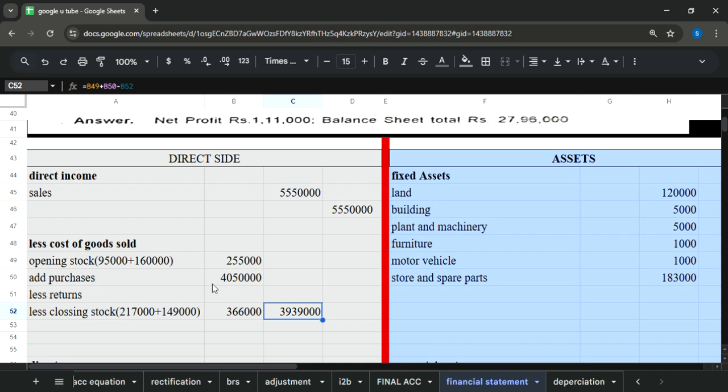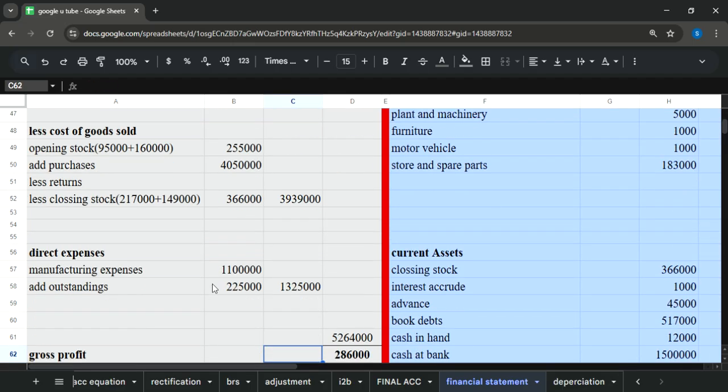All elements related to direct expenses we have seen again, 4,050,000. Manufacturing expenses 11 lakh. Alright guys, we'll have to see what is 39 lakh, yes, plus 13 lakh.